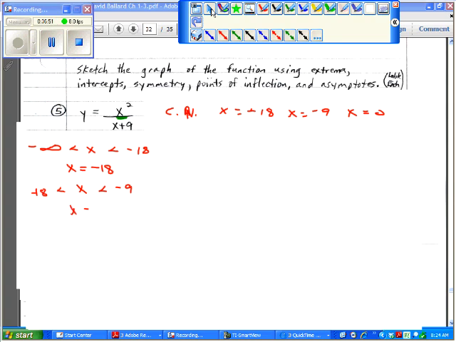And then we're going to say, well, x is negative 9. And then we're going to say x is between negative 9 and 0. And then we're going to say, well, x is 0. And then we're going to say x is between 0 and positive infinity.